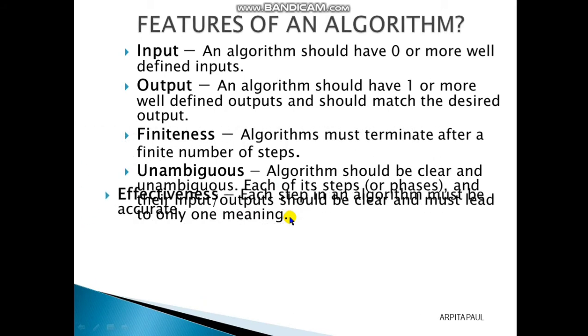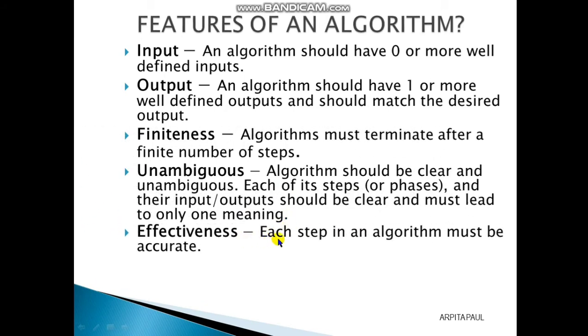Next one is effectiveness. Each step in an algorithm must be accurate. Whenever you're writing the steps, all the values and the instructions should be accurate.